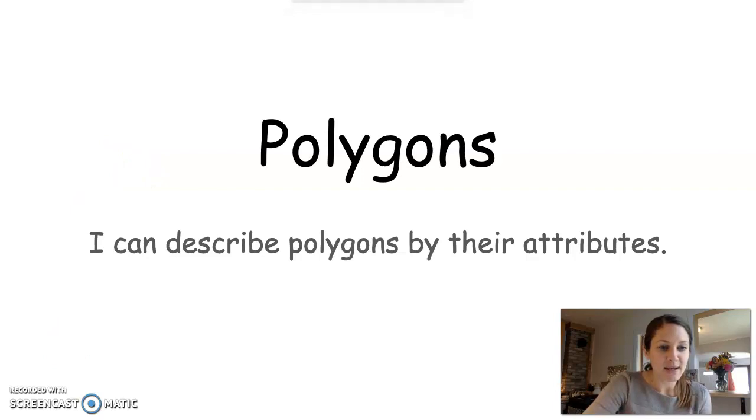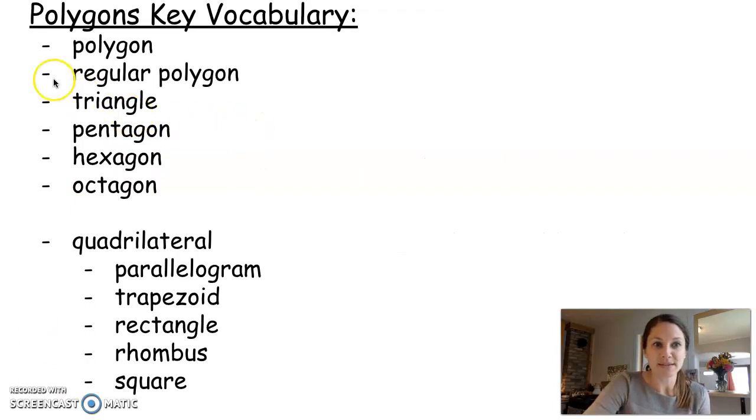So like we've done before, there's several key vocabulary words that will help us as we talk about polygons. So polygon, regular polygon, triangle, pentagon, hexagon, octagon, quadrilateral, parallelogram, trapezoid, rectangle, rhombus, and square.